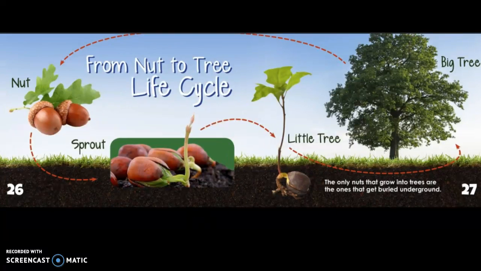You know, I changed my mind. In the beginning of the story, I thought the author's purpose was to tell us how nuts turn into trees. But after reading the text, I realized something else was really important, and that's the squirrel. If it weren't for the squirrel burying that nut, it wouldn't have grown into a tree.